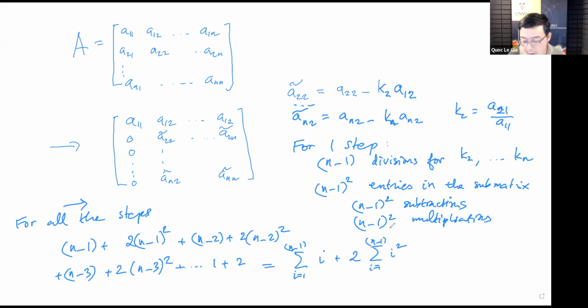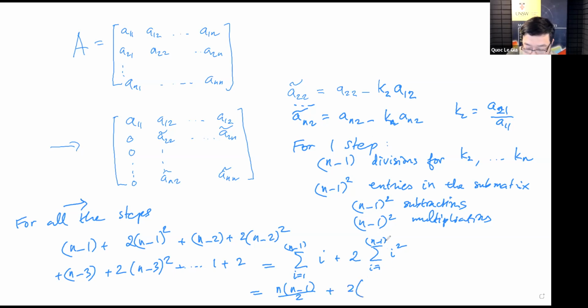And you see there's a formula for this sum. If you look it up, this one is just n times n minus 1 over 2.